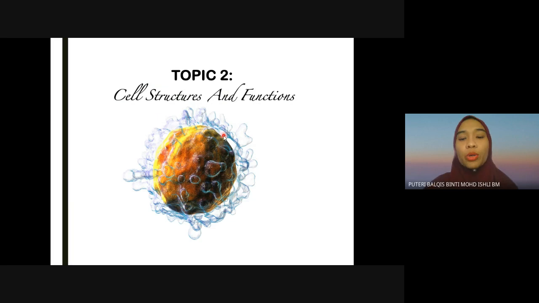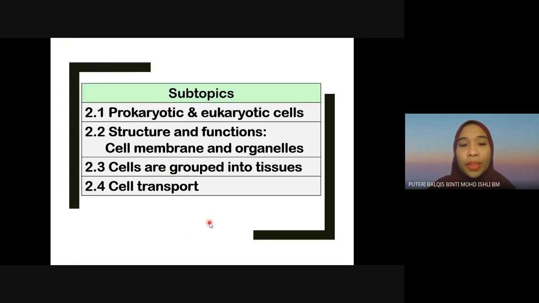Bayangkan 32 jam you have to spend. 32 jam tu including lecture, tutorial, practical and also non-phased independent learning. So, lot of things in this topic. Subtopics: prokaryotic and eukaryotic cells, structure and functions, cell membrane and organelles, cells grouped into tissue, cell transport.